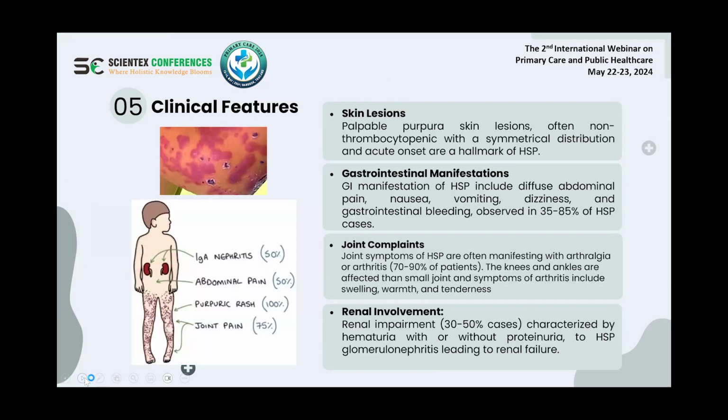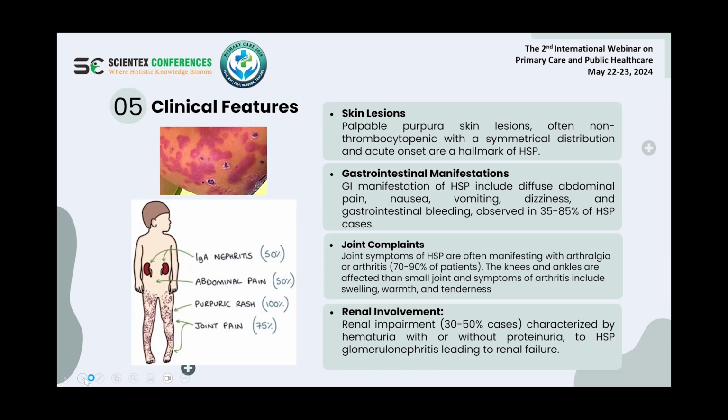So I move to the clinical features. There are some clinical features of HSP. The first is the skin lesion. It starts from a symmetrical erythematous macular eruption that is often located in areas dependent on pressure, like the lower extremities, buttocks, and it can extend to the outer arms.